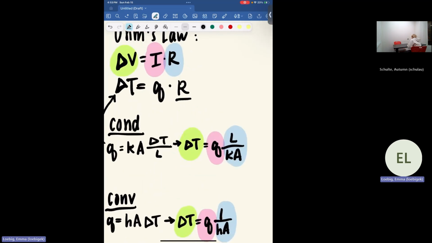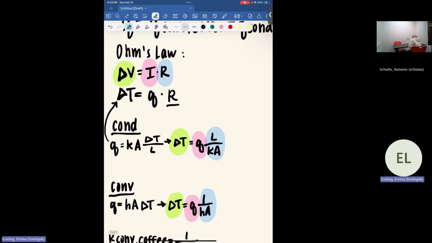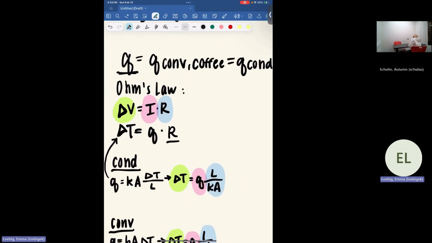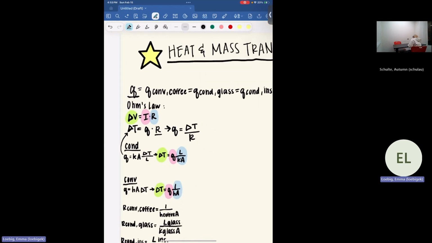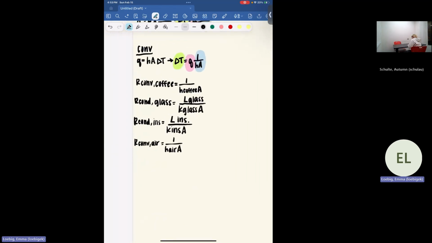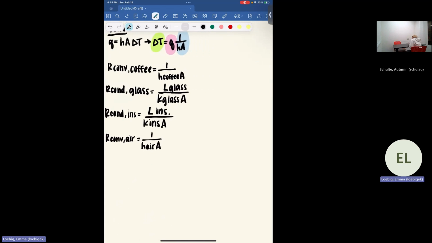Now, if we want to get this equation in terms of Q, as we have Q on the left side, Q is equal to the change in temperature over the resistance. So let's write that out for each of our scenarios.